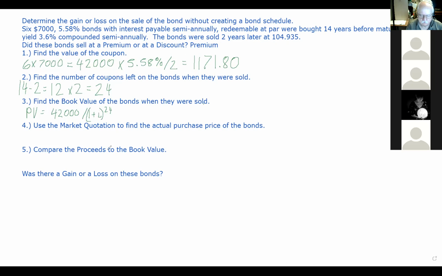We've got to figure out what I is equal to. The rate in the market is 3.6%. So 3.6% divided by 2.